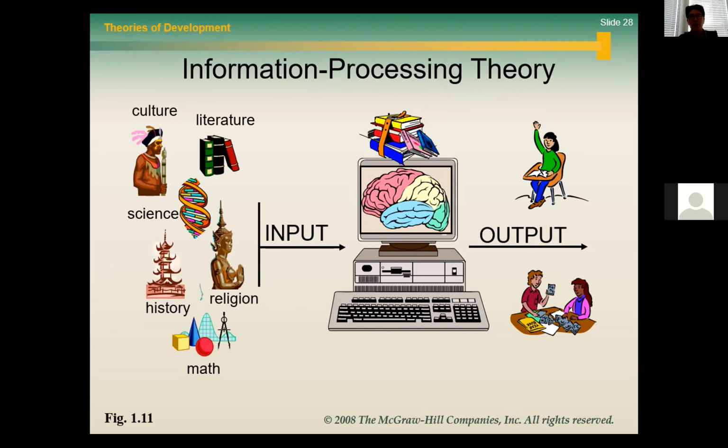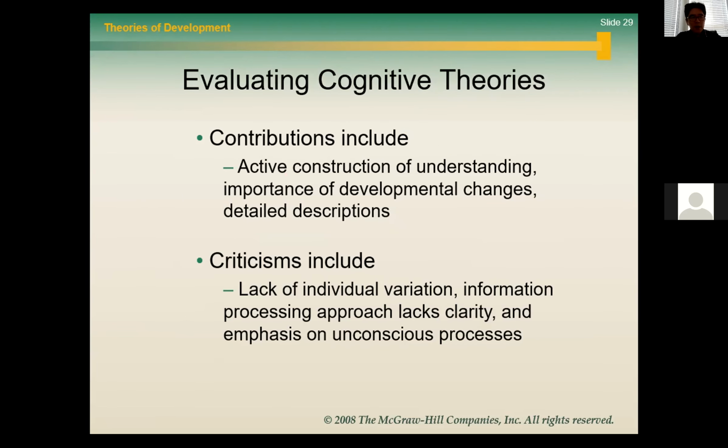Just like a computer: input, processing, output. Evaluating cognitive theory: active construction of understanding, the importance of developmental changes, and detailed descriptions. Several criticisms include the lack of individual differences, and the information processing approach lacks clarity and emphasizes unconscious processes.